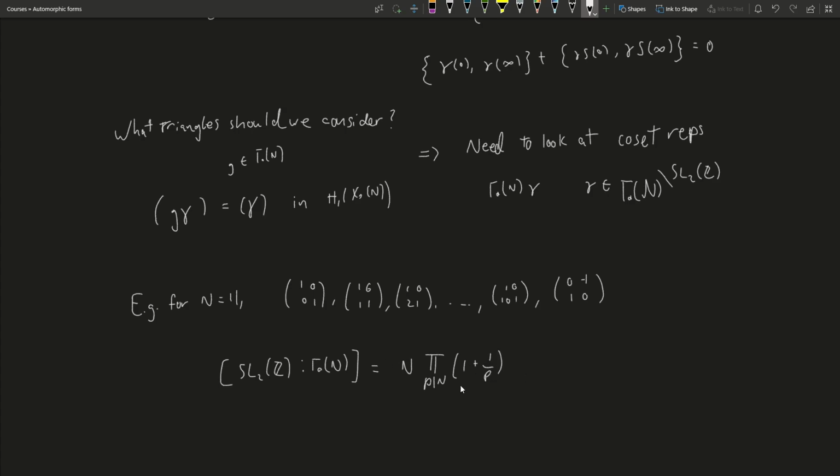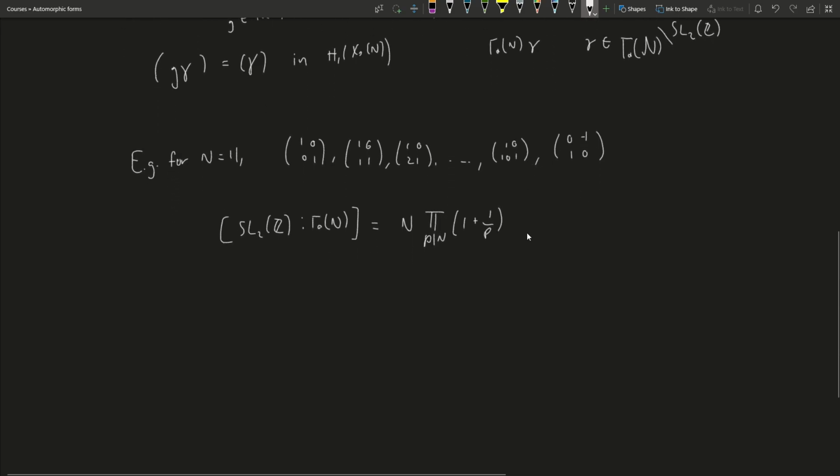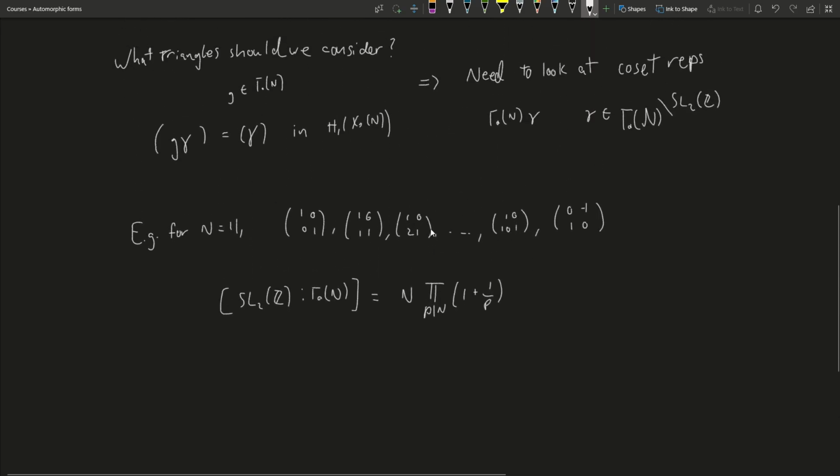So if it's prime, then it's just 11 plus 1 here. This is all you need to consider, and then there's also going to be some work to figure out when you have the same coset.